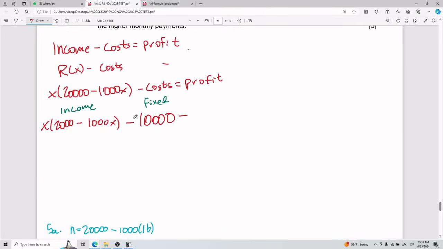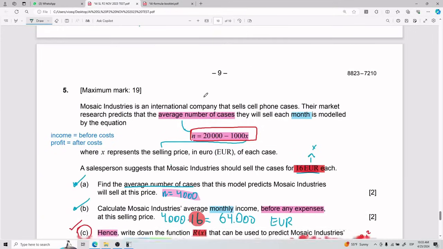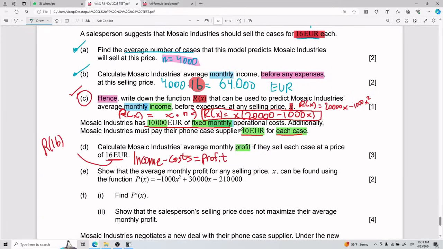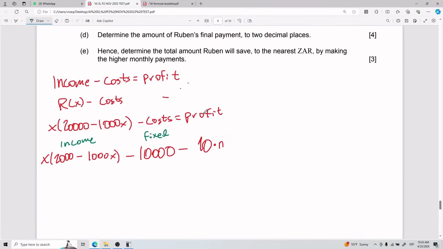So technically, here I can put you pay 10 per case, 10 times n. And so this will be, if I get very fancy, your variable cost because it's what changes. But for us, to keep it clean, to keep it more friendly, we're just going to put per phone cost. Okay, so here I have fixed cost, over there I have per phone cost, and over there I have income. So now it makes a little bit more sense to work with this.